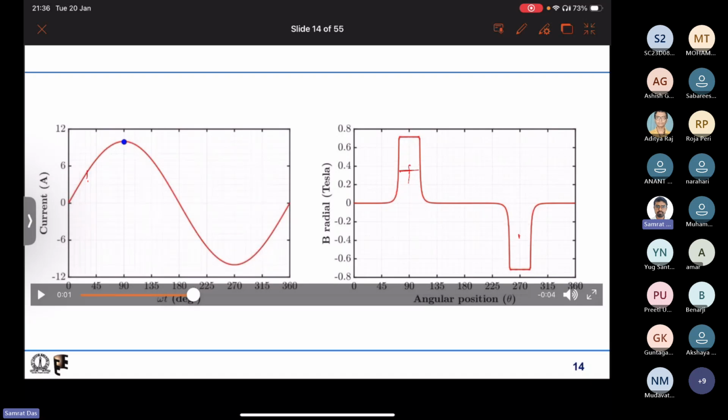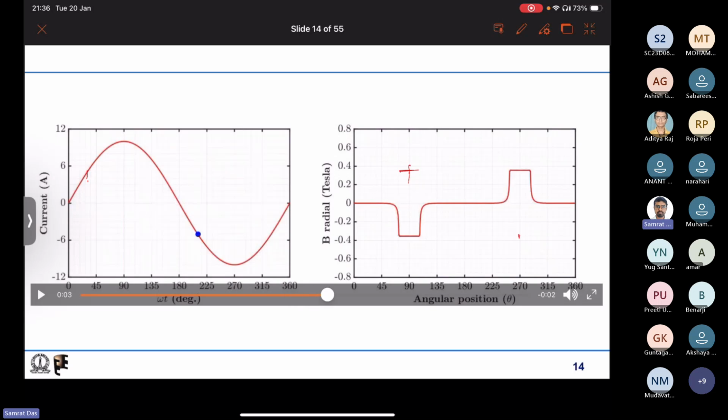Then as we go to the next point, omega t equal to 90 degree, it further increases, and it reaches the maximum flux density. Then as we go down, at omega t equal to 120 degree, it comes down. Then further 150 degree, it again comes down. At 180 degree, because current again goes to 0, it becomes 0.